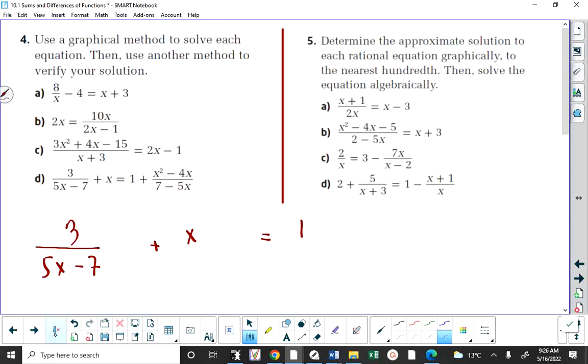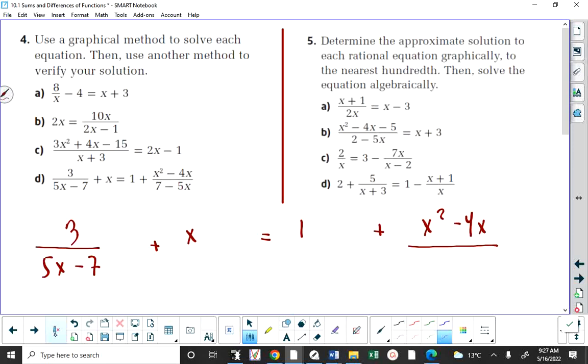Again, when I'm doing this algebraically, I'm leaving some space by each term because I know I'm going to have to multiply everything by something. And I'm trying to decide whether I should do anything with the 7 minus 5x. You should recognize that 7 minus 5x is the negative of 5x minus 7.